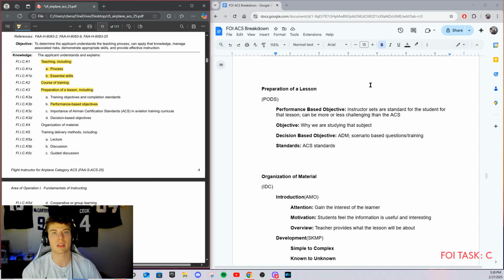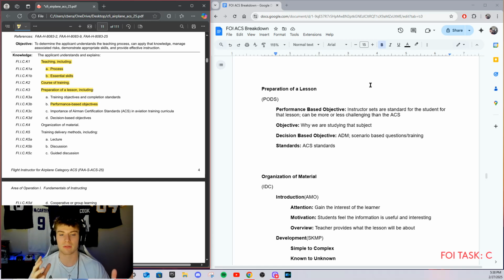So if you're with your private student and you're a quarter of the way through, or towards the beginning, you're probably not setting them to ACS standards already because they just got in the plane. They're not going to be able to do a steep turn plus or minus 100 feet. They're just not going to be able to do that. So this is setting a different standard for them.